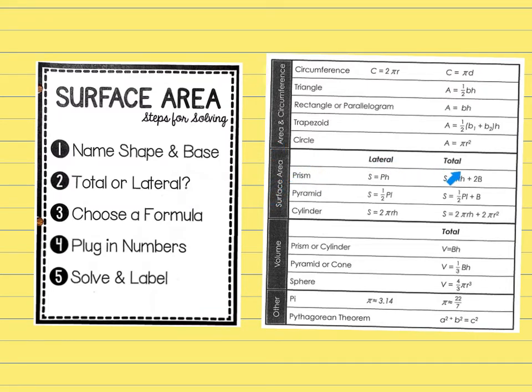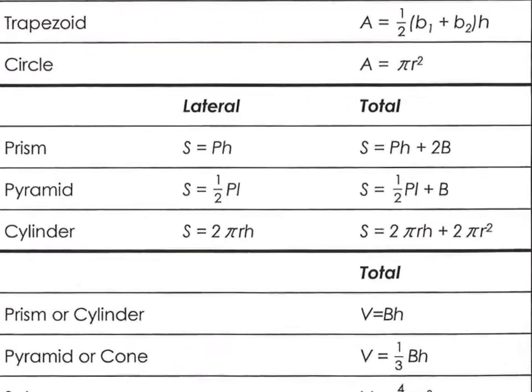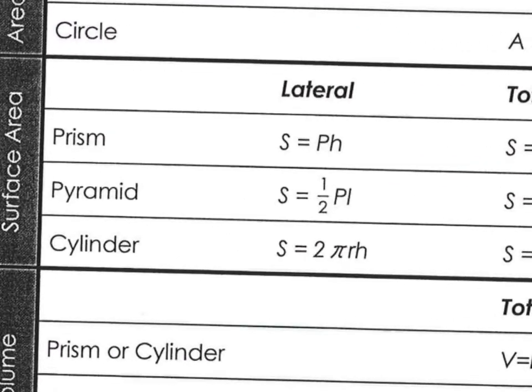We will do lateral and total surface area, but we want to make sure you know what those letters represent in the formulas. So if I zoom in real close, capital letter P does not stand for prism. It stands for perimeter of the base.